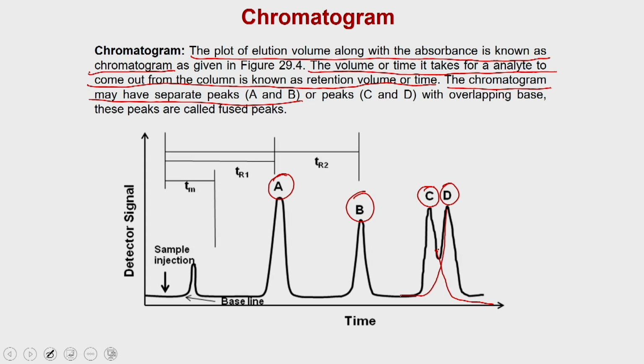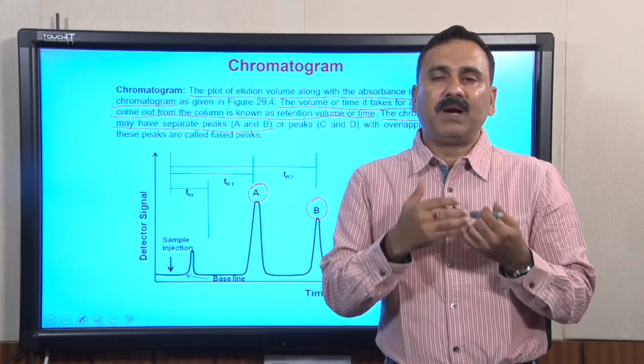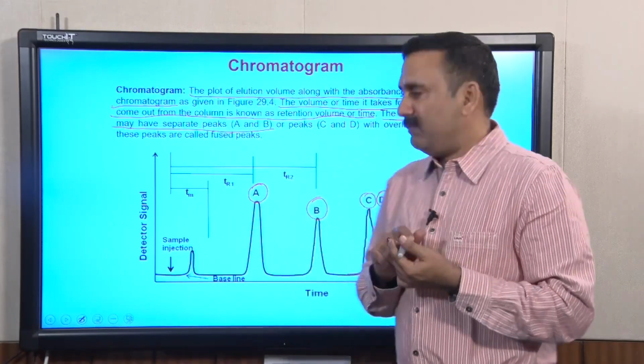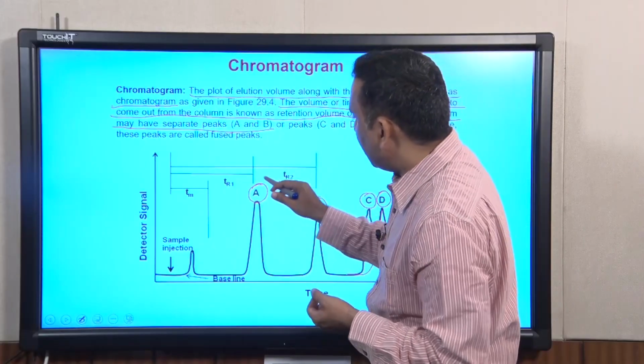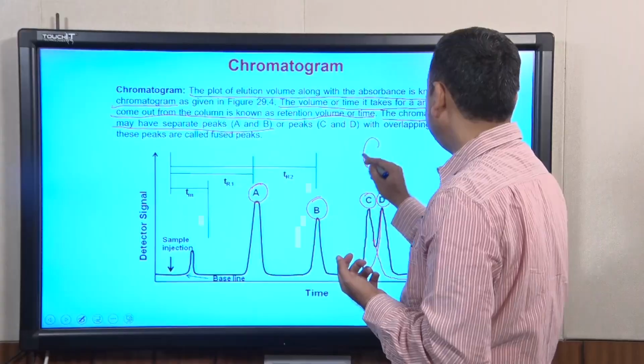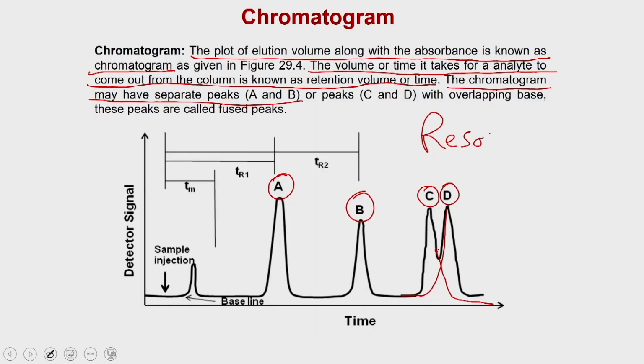So, what can be used as a criterion to see whether my column is good or bad? The ability of a column to separate two molecules is known as the resolution, and the resolution depends on two parameters.